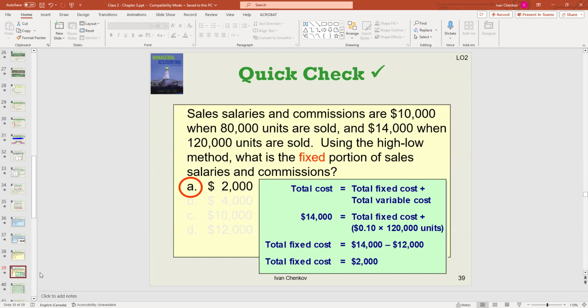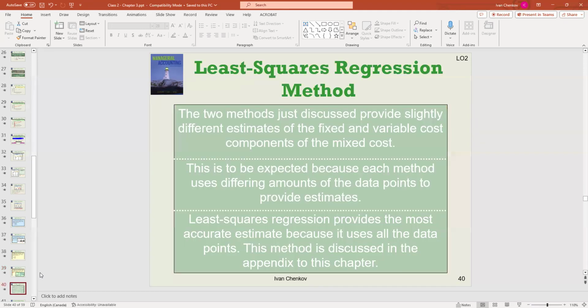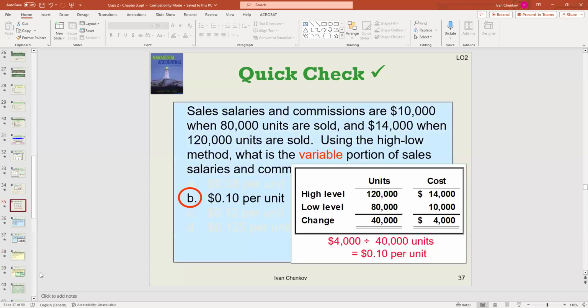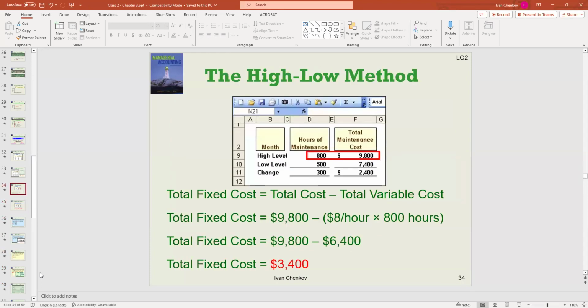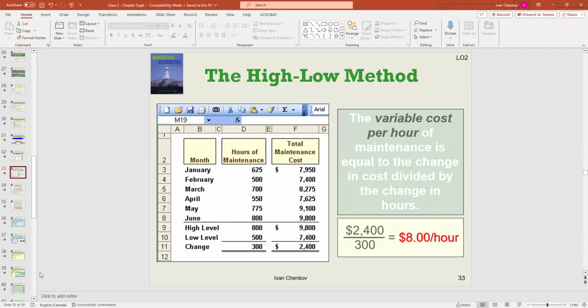There's no difference, right? Now, the only problem with this method, which seems very easy, very practical, very interesting, is don't try to apply this formula to any other level of activity. It's not going to work.